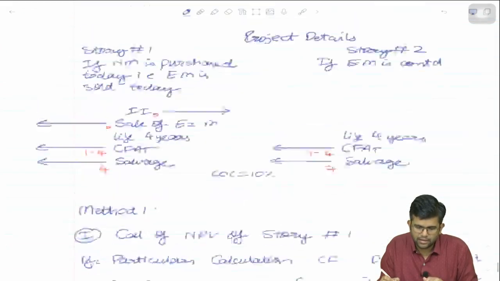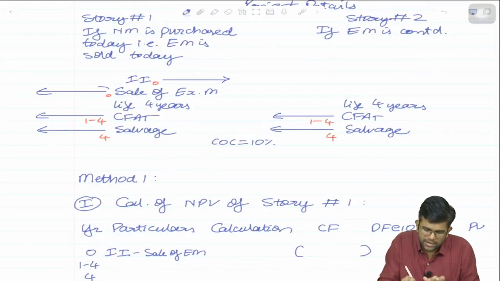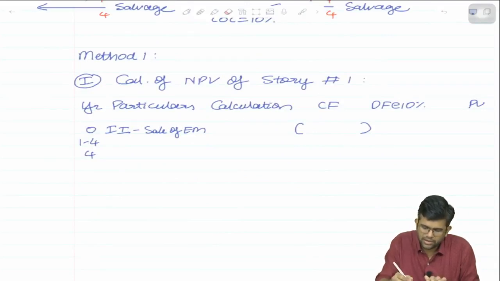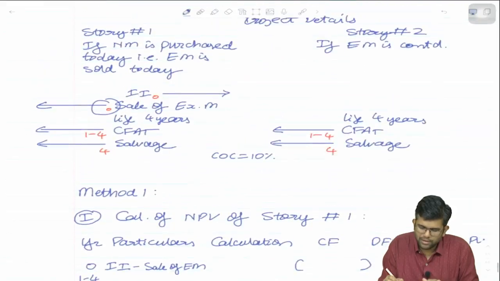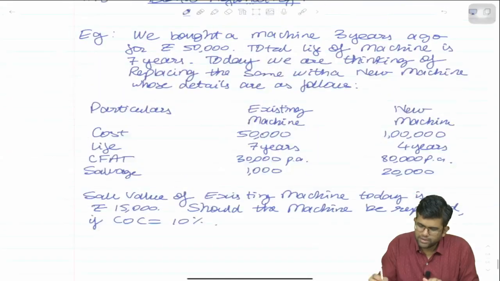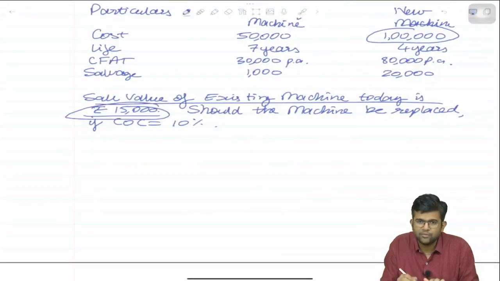New machine, you can see, in year 0 there are two arrows, one is an outflow and one is an inflow. But because year 0 is a year of outflow, the inflow I am going to show as negative. Everybody clear? Inflow I am going to show as negative, outflow I will show normally, in the calculation. So tell me, the new machine when I buy, do you realize it will cost me 1 lakh? But at the same time, when I go to sell the old machine, I will get rupees 15,000 as salvage today.